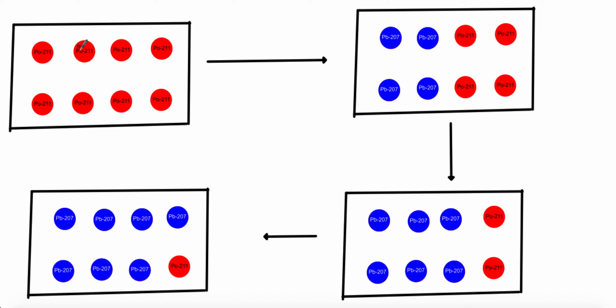So if we have, again, the sample of polonium-211, after one half-life, 50% of that will have decayed. And in this case, it will decay into lead-207. 50% of that will still remain undecayed. That is what the half-life is telling us.